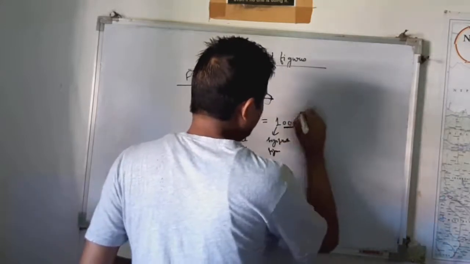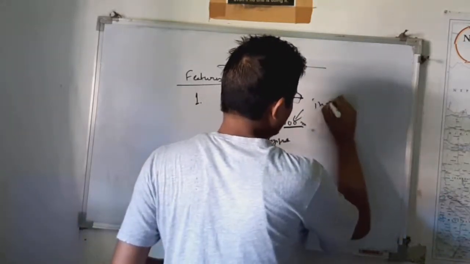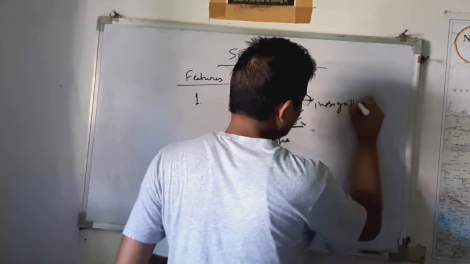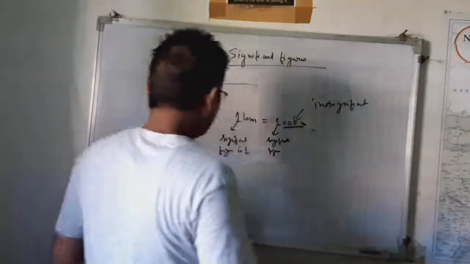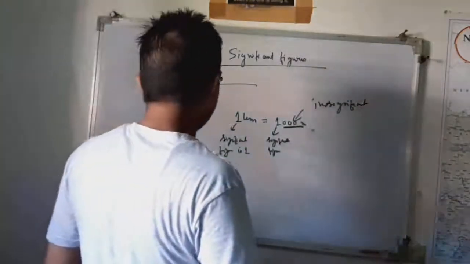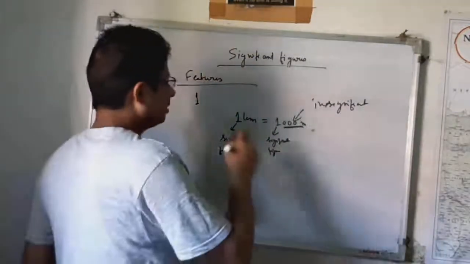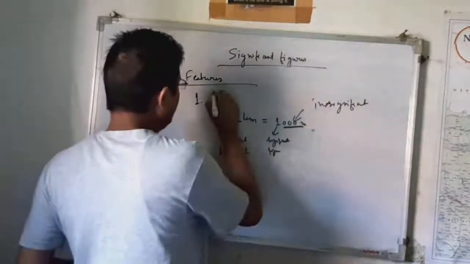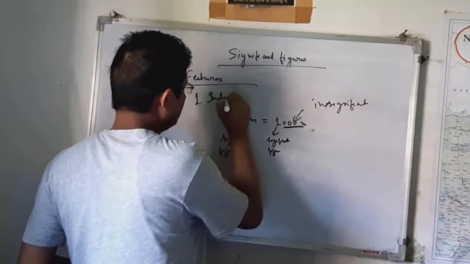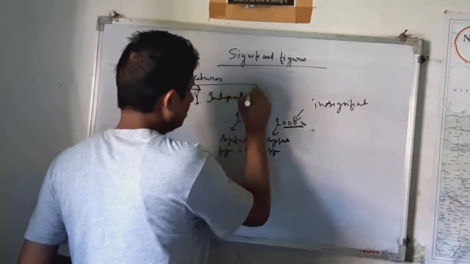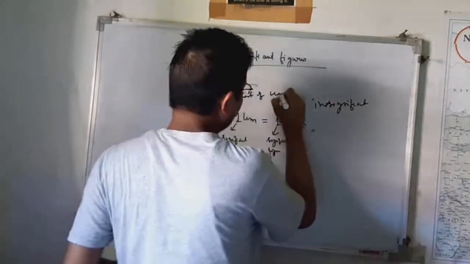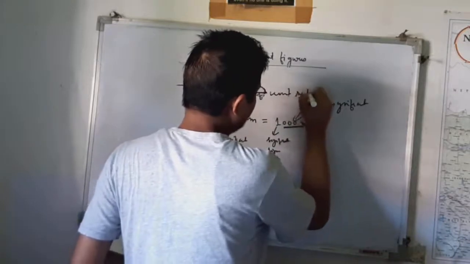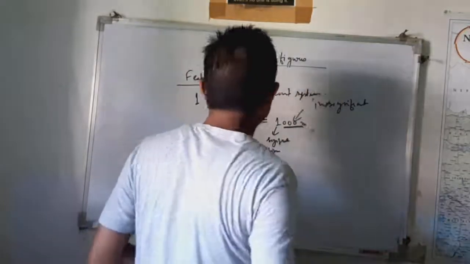All these three zeros are insignificant. So significant figures are independent of the unit system.